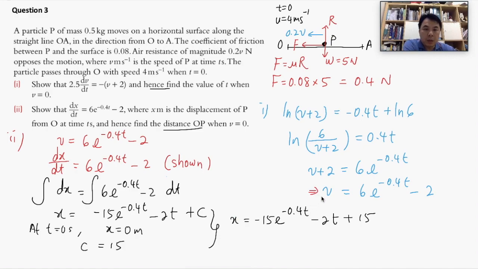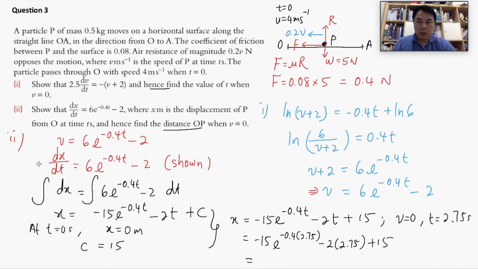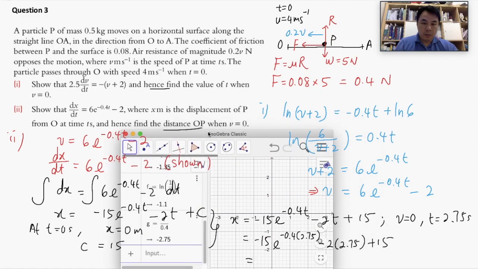So the time taken when v is equal to 0 is 2.75 seconds. Therefore, we're going to substitute this value into here. We have negative 15e^(-0.4 by 2.75) minus 2.75 plus 15 here.